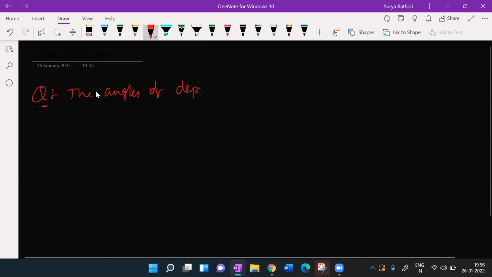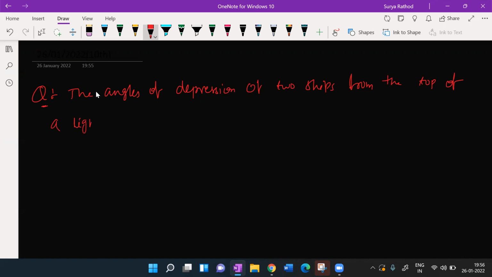The angles of depression of two ships from the top of a lighthouse and on the same side of it are found to be 45 degrees and 30 degrees.